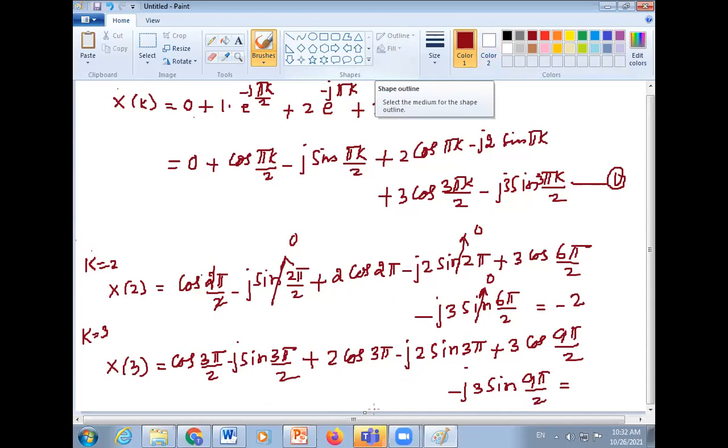So you have to use the calculator and get the answers. Yes, anybody has got the answer for this? What is the answer?